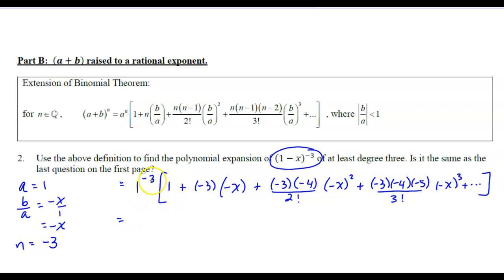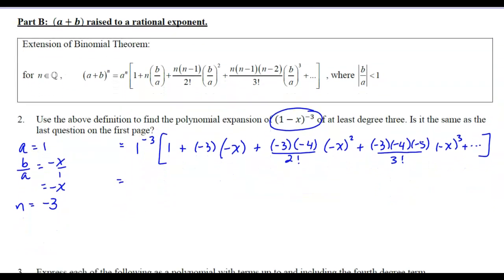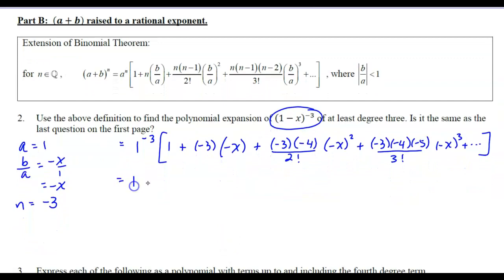Okay, so 1 to the negative 3, you can just drop it. It's 1. So we get inside the brackets 1 plus 3x. That's going to be a plus again. And that's going to be 6x squared. Then simplifying, that's going to be plus again. 2 times 5 is 10, x cubed, and so on, which is the same as how we determined it before.